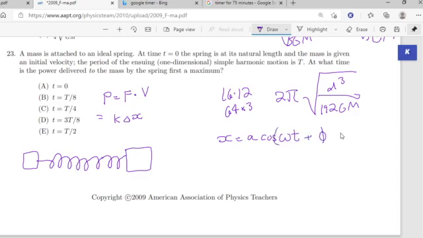So then the velocity should be negative this.